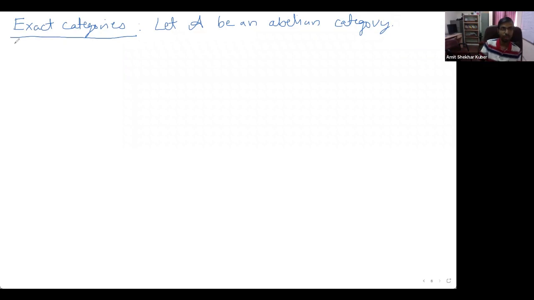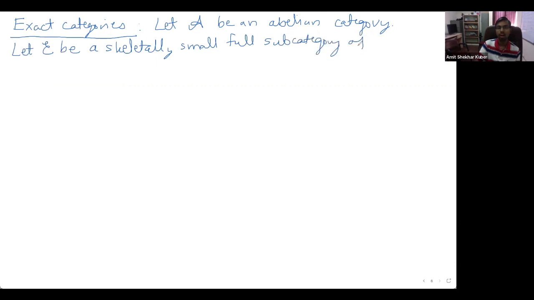Let E be a skeletally small full subcategory of A that is closed under extensions.